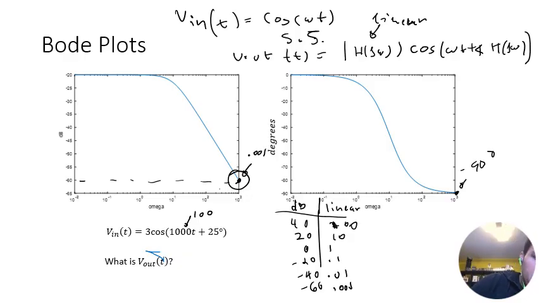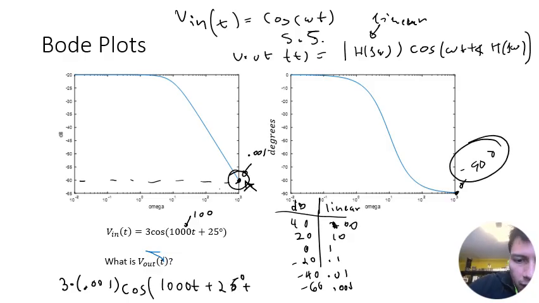So we're going to have 3 times 0.001, cosine 1000 t plus 25 degrees plus what I read from here, which was negative 90 degrees. That is V out. Of course, you can combine this 90 and 25, and that's going to give you negative 65.